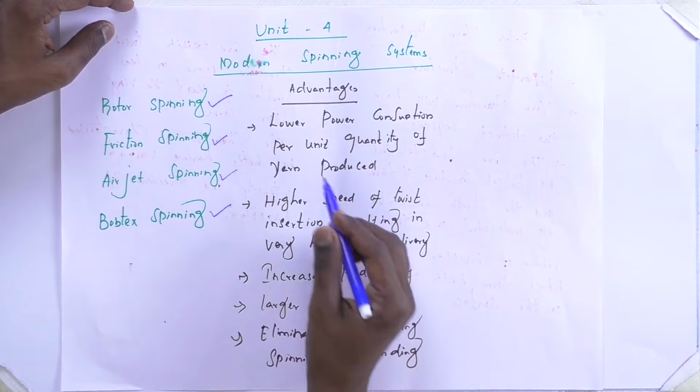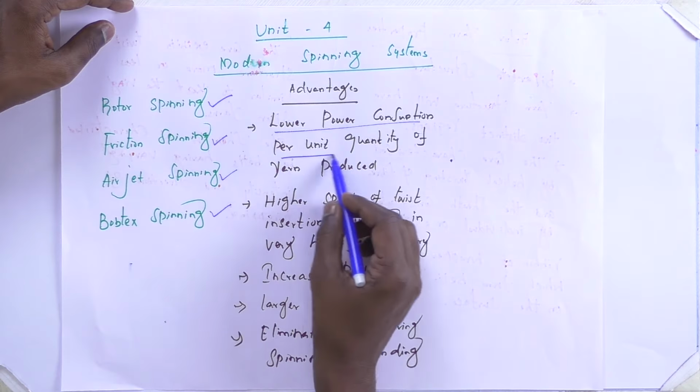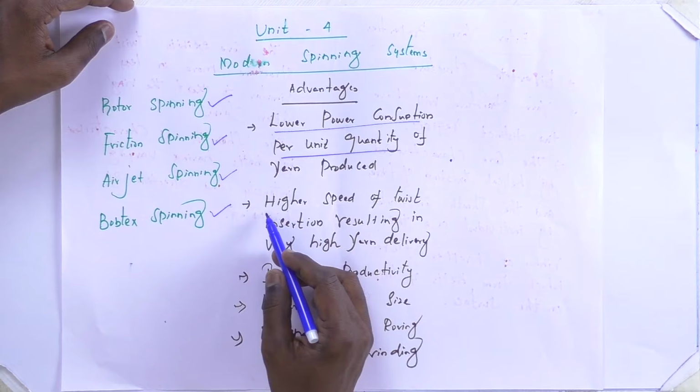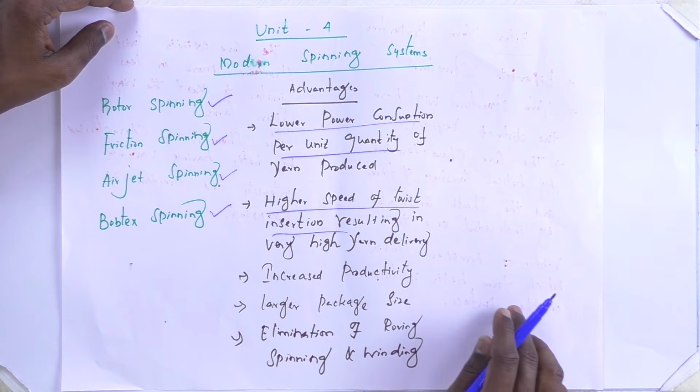What are the advantages of modern spinning systems? Lower power consumption per unit quantity of yarn produced. Power consumption is a very big problem in a normal spinning mill. So the power consumption per unit is reduced when using modern spinning machines, and a higher speed of twist insertion results in high delivery.